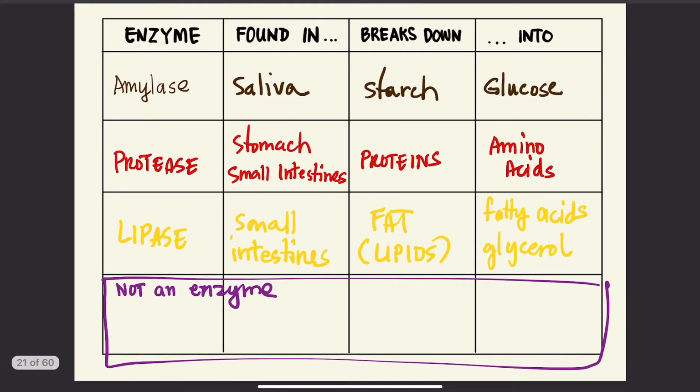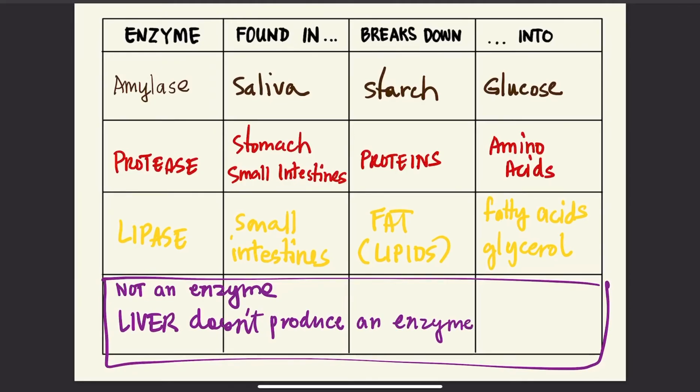The liver does not produce an enzyme. What does it produce? It makes bile. And why is bile important? Because it helps digest the fat. That's the reason why we add the liver, because it releases bile that helps digest fat.